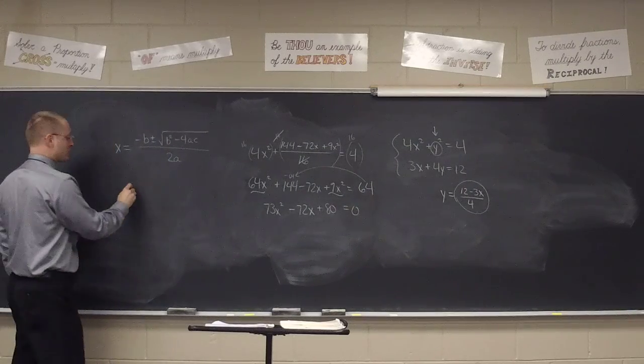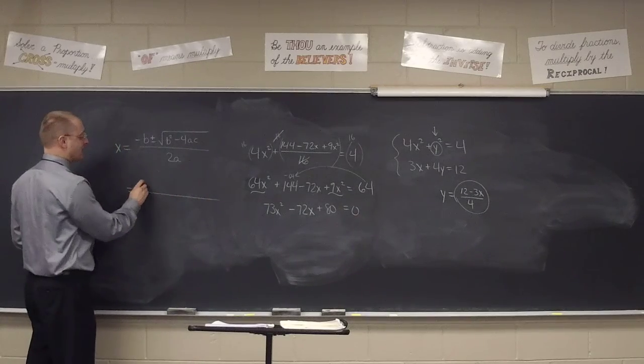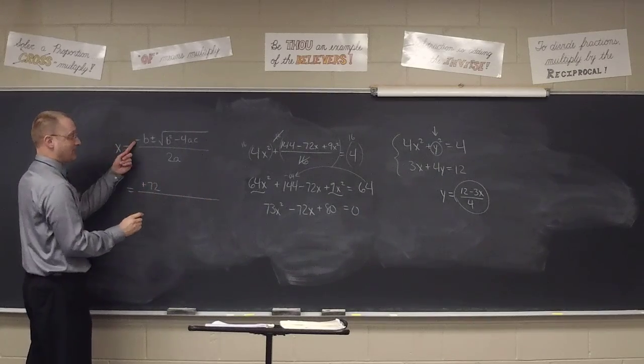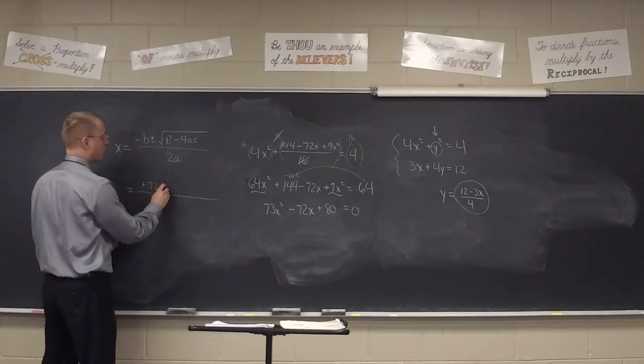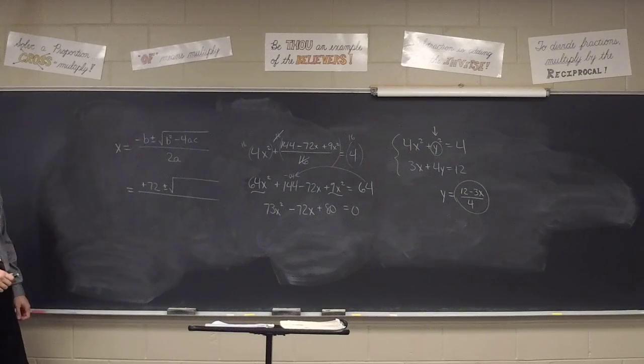All right, so let's start. Negative b. What do I plug in? A positive 72. Negative 72 gives positive 72. Plus or minus the square root of, calculator's ready, b squared. 5,184. That sounds good.